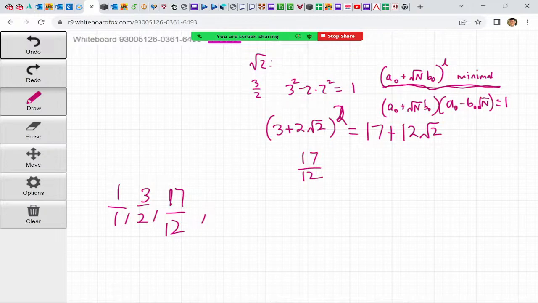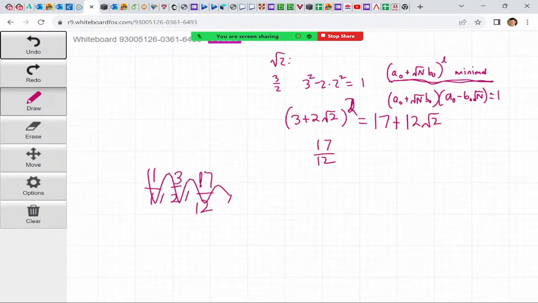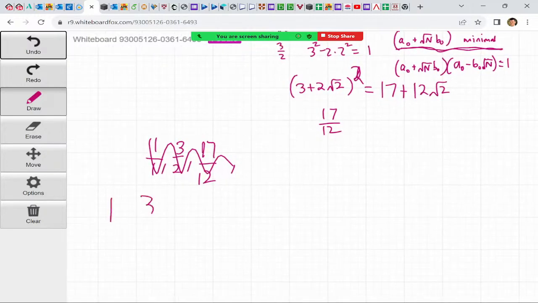Either way, what's the continued fraction? You take 1, 3, and then 2 times 3 plus 1 is 7, 2 times 7 plus 1 is 15, 2 times 17 plus 7 is 41, 2 times 41 is 82 plus 17 is 99, and 2 times 99 plus 41 is 239.